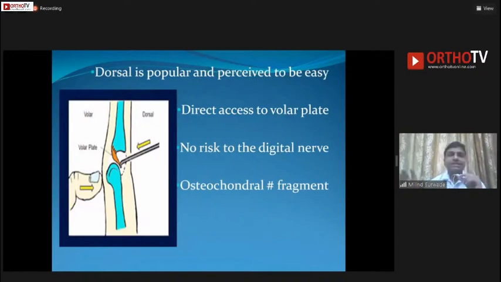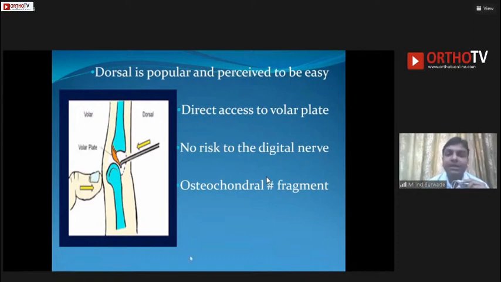But the dorsal is a safe and simple approach, very easy, because it gives direct access to the Volar plate, which has flipped back on the metacarpal head. In the dorsal approach, there is no risk of damaging the digital nerve, which can happen in the Volar approach if the surgeon is not aware of the radial digital nerve lying beneath the skin.